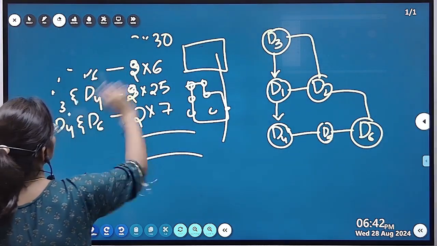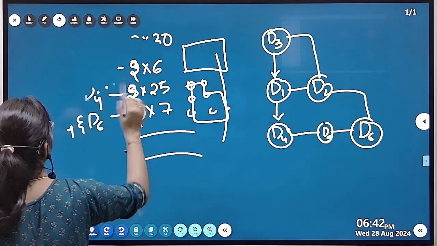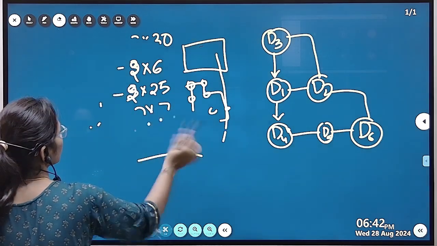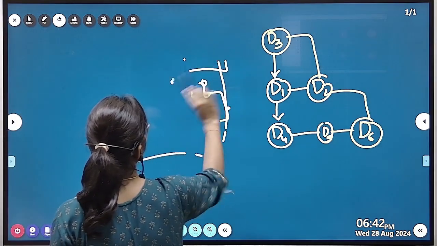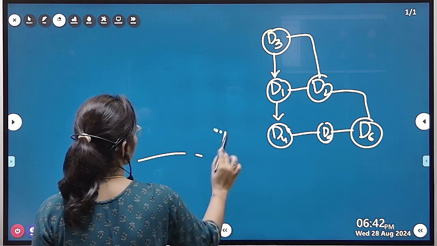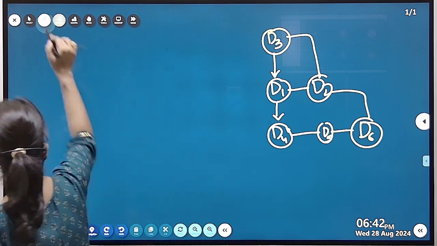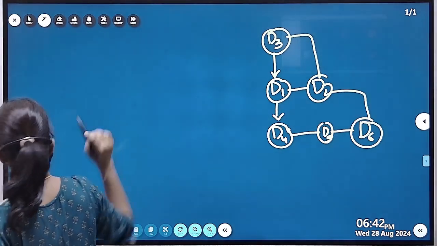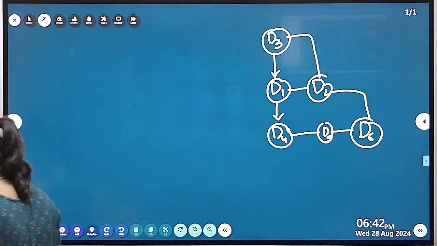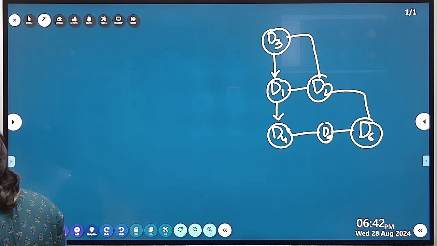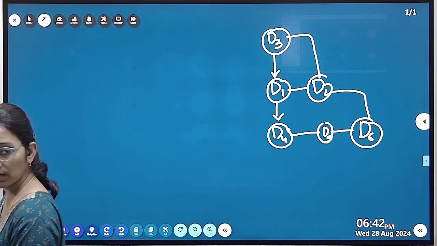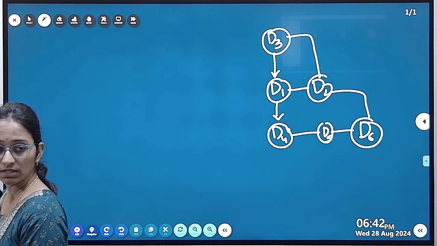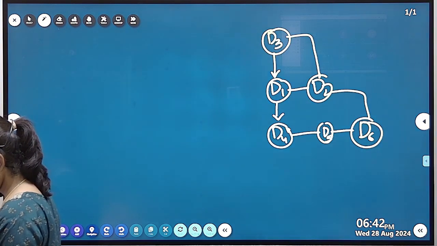So tell me the distance. What are the non-adjacent pairs? In this, which are the non-adjacent pairs, meaning which departments? Tell me.